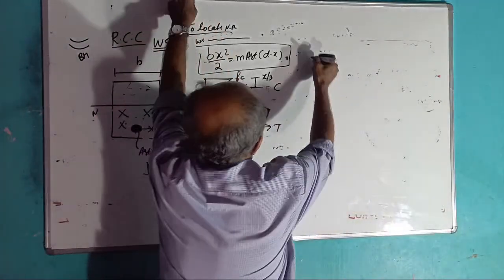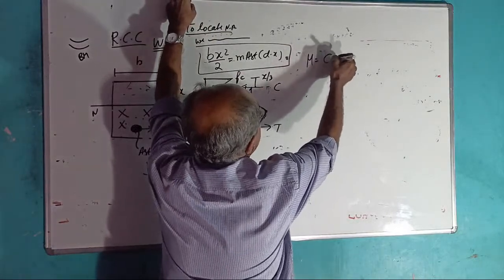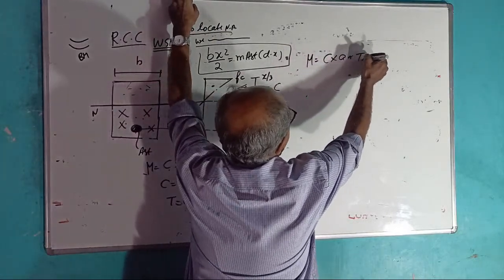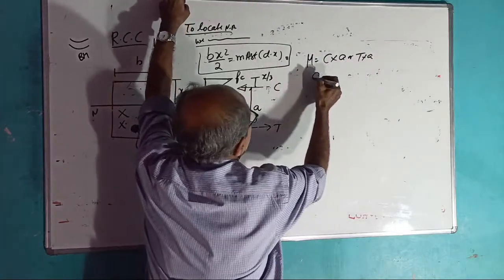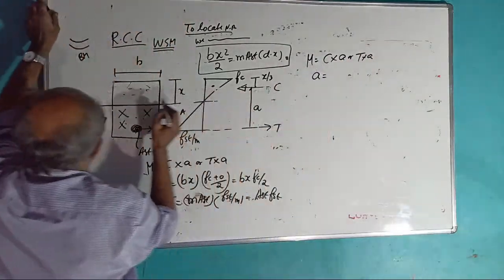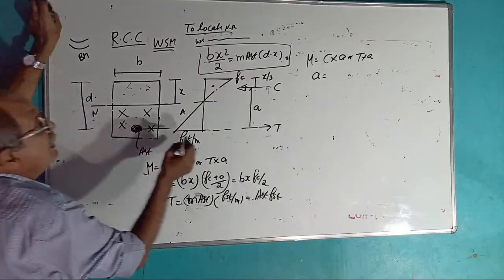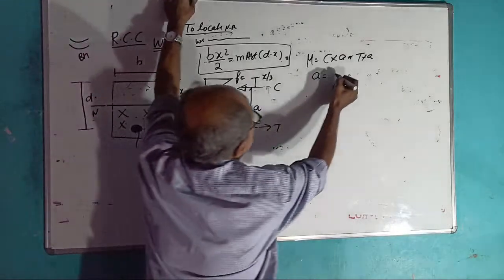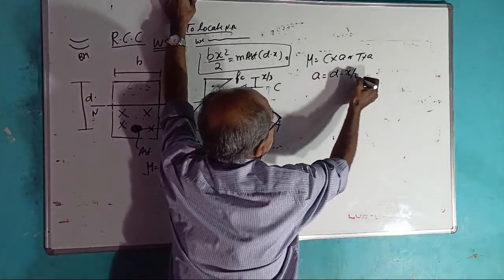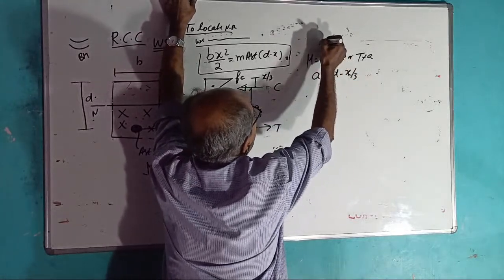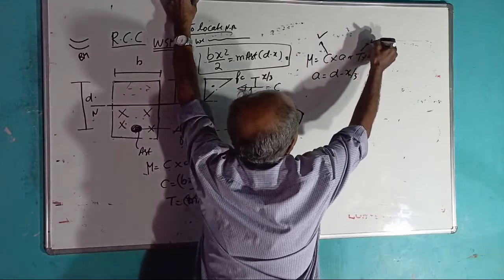Okay, now. So M equal to C into A or T into A. Correct. Your lever arm A equal to, see, this is called effective depth D. You should know in RCC. Lever arm A equal to D minus X by 3. Now, C equation is known, T equation is known.